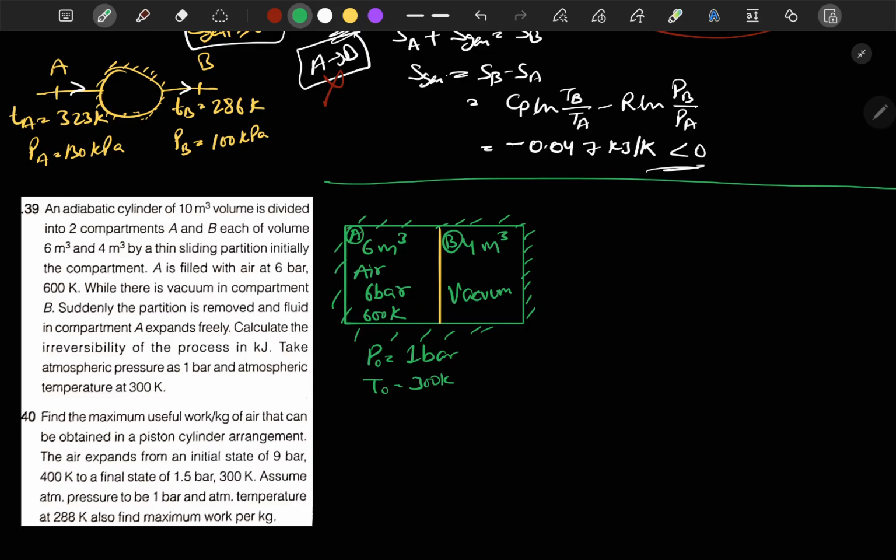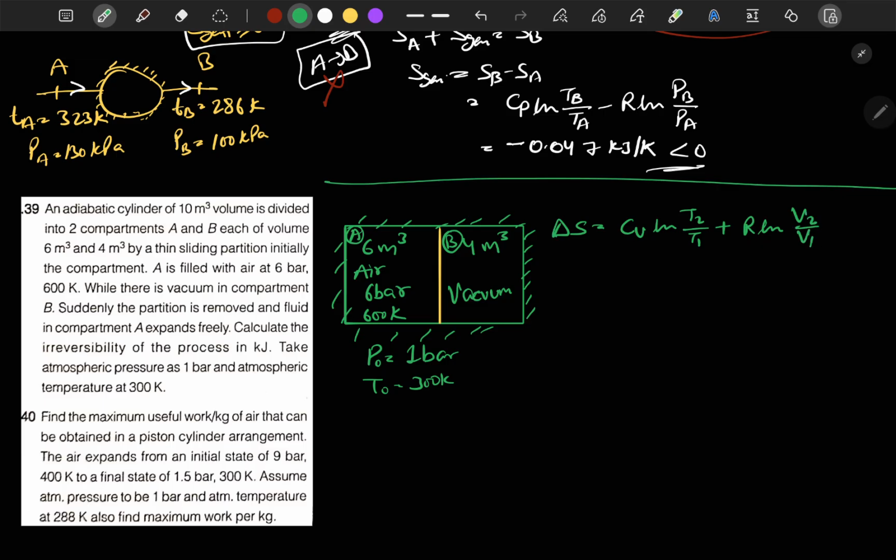For gases, or air, we can say that delta S is defined by Cv ln T2 by T1 plus R ln V2 by V1.